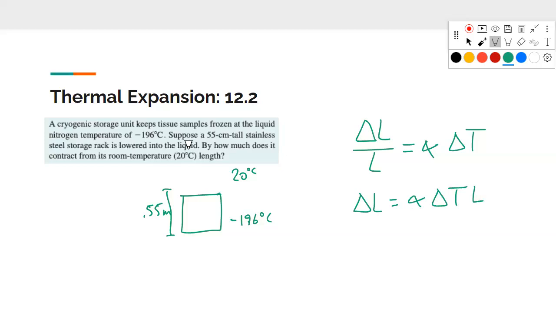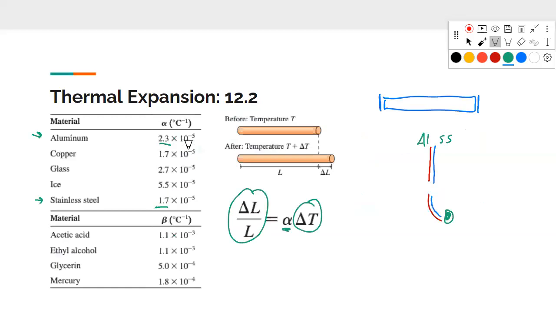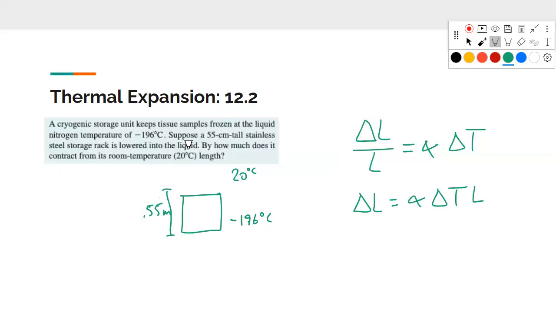Okay, so we have to grab our alpha for stainless steel, 1.7 times 10 to the negative 5. And our temperature difference, remember, delta of some quantity is final minus initial. So it's negative 196 minus 20, which is negative 216.